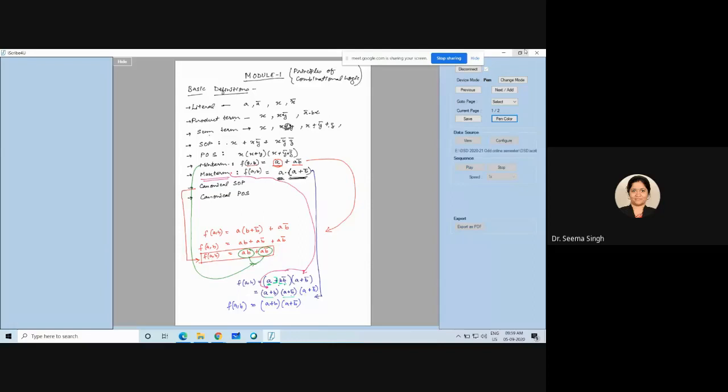These are max terms, and this complete thing is called as canonical product of sum, canonical POS.